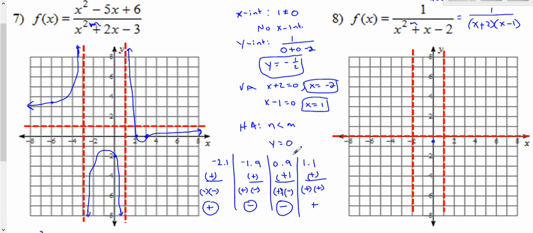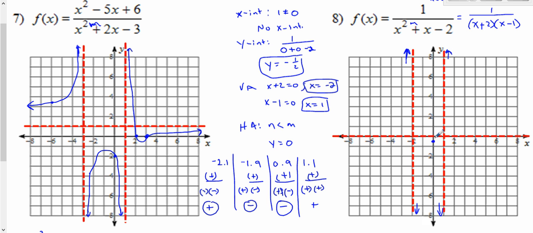All right, so at negative 2.1, I'm going towards positive infinity. At negative 1.9, I'm going to negative infinity. At 0.9, I'm going to negative infinity. And at 1.1, I'm going to positive infinity.